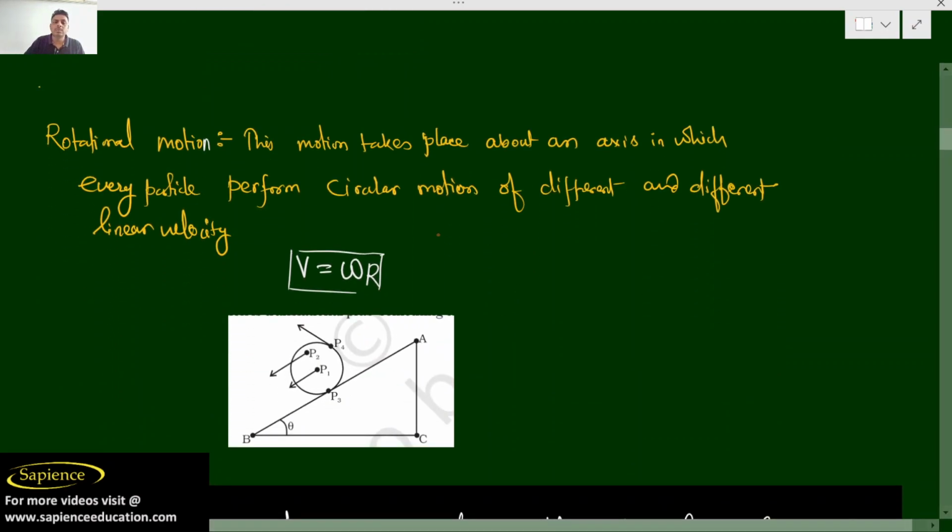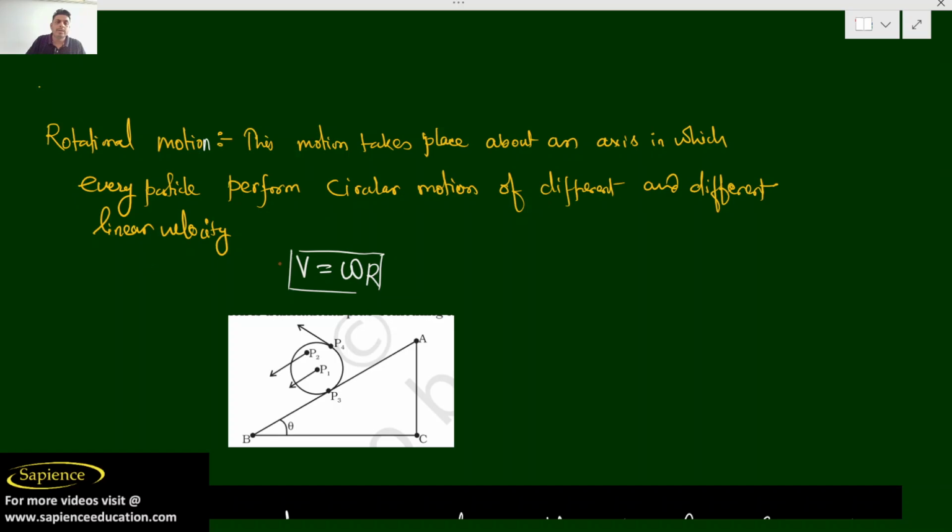What is rotational motion? This motion takes place about an axis in which every particle performs circular motion with different linear velocity. See here, this body is being rotated as well as moving forward.